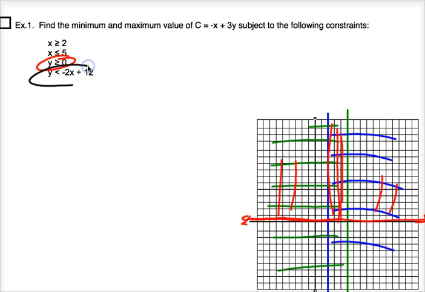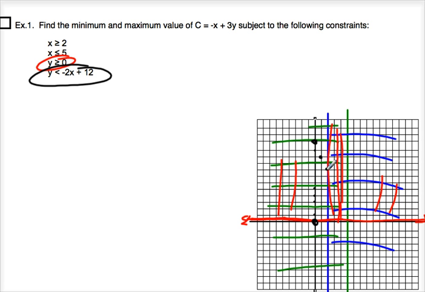Finally, I need to graph y is less than negative 2x plus 12. That has a y-intercept of 12. So we go 1, 2, 3, 4, 5, 6, 7, 8, 9, 10, 11, 12. And then the slope's negative 2, so we'll go down 2, right 1, down 2, right 1.